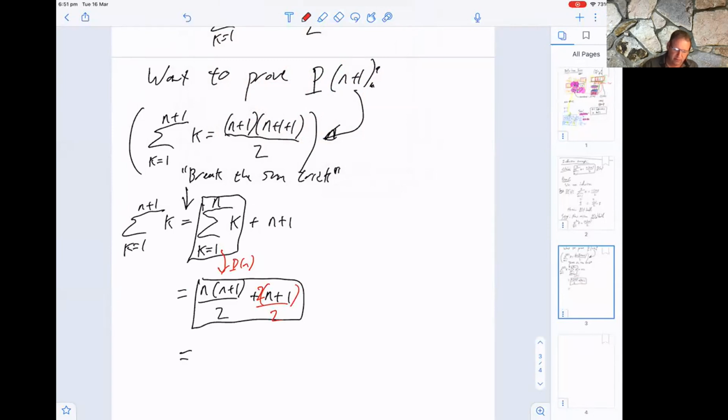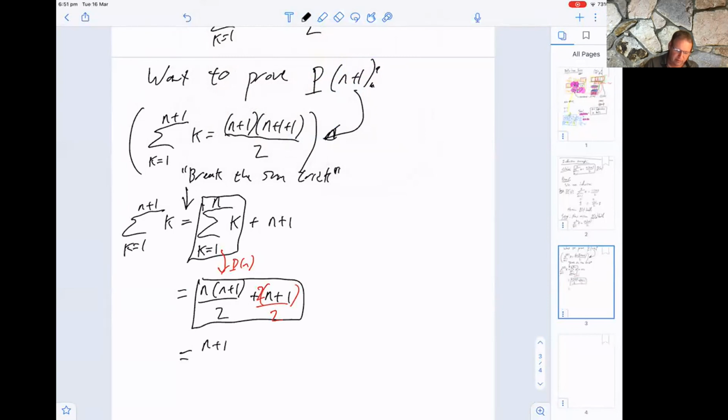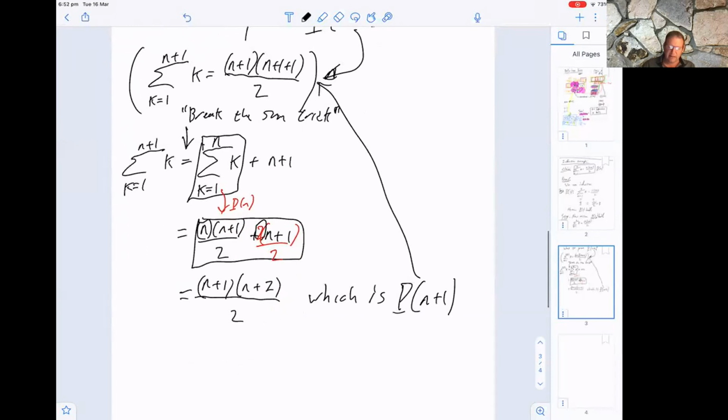Then you can factor out the n plus 1 and get n plus 1 times n plus 2, because this is an n and this is a 2, all over 2. Right, which is P of n plus 1. Okay, that's this guy. And that's the end of the proof.